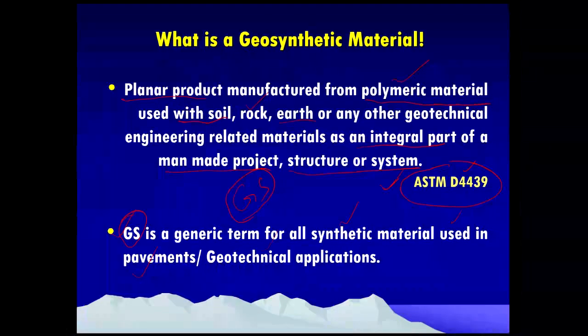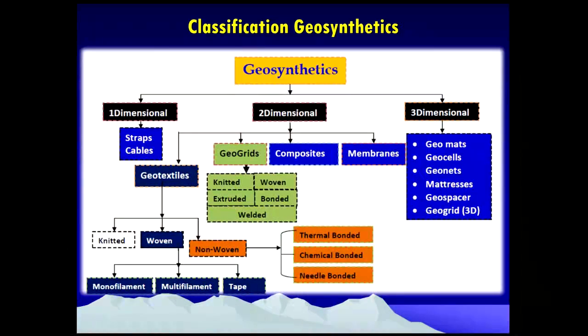However, if you look at the classification of commonly available geosynthetics, under the umbrella of geosynthetics they are one-dimensional, two-dimensional, and three-dimensional. The one-dimensional ones are what we use every day in houses: straps, cables, TV cables, current wires, and all those things.